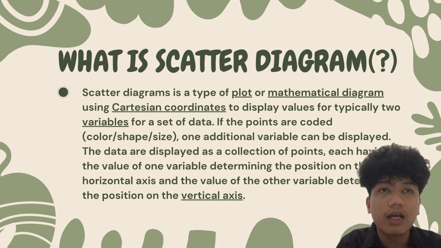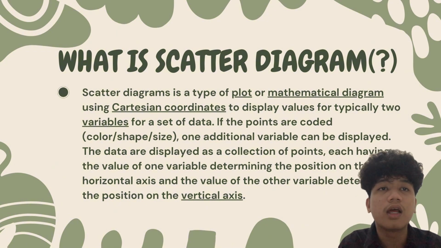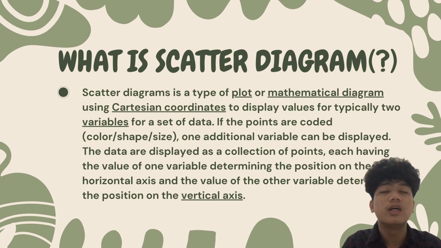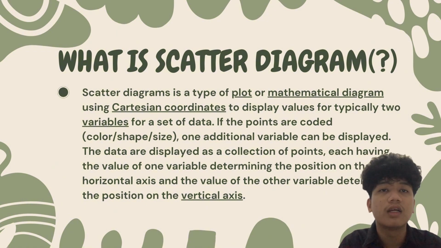The data are displayed as a collection of points, with the value of one variable determining the position on the horizontal axis and the value of the other variable determining the position on the vertical axis.